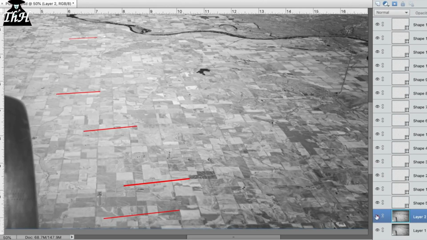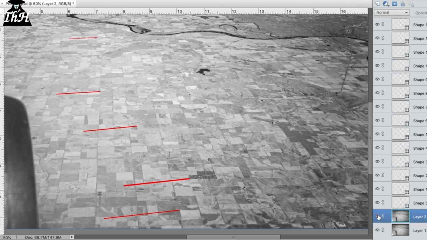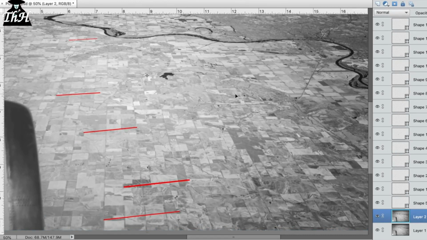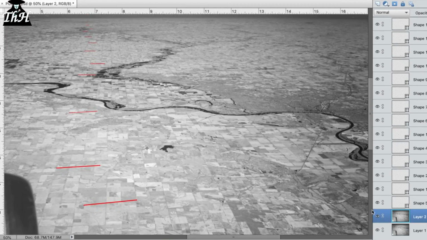So I've corrected the two images. You see there, layer 1 and layer 2. And then I switch visibility back and forth and observe how the features move on the ground. And then I put markers so I could know where they're located, right, and the distance.